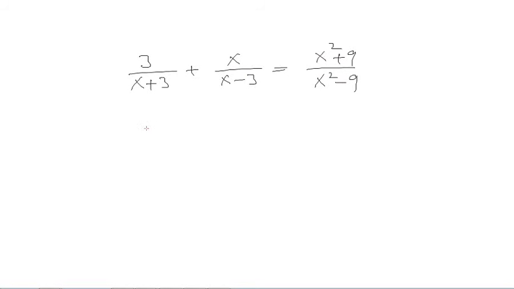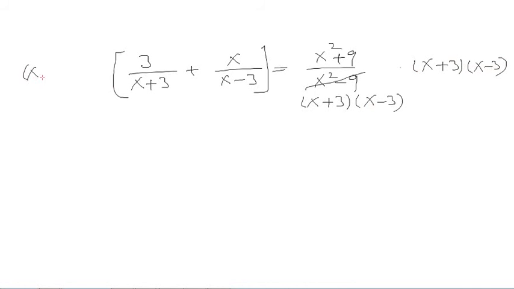Okay, let's factor both sides completely. This is factored, this is completely factored. This I can replace by x plus 3 times x minus 3, and you see that the common denominator is x plus 3 times x minus 3, and I multiply both sides by the common denominator.